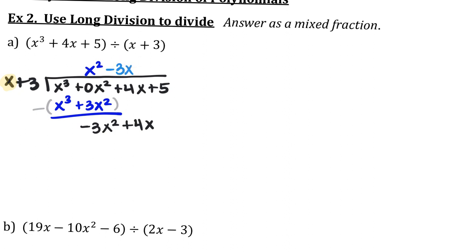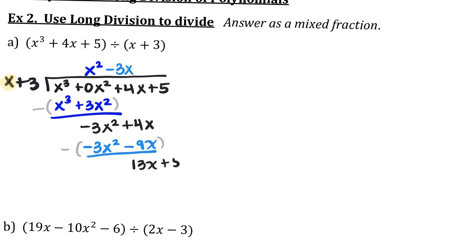This times this, that's negative 3x squared, negative 9x. Subtract down. Okay, cancels. 4 minus negative 9 is 4 plus 9, which is 13x.